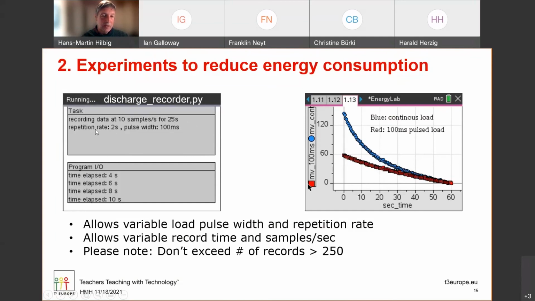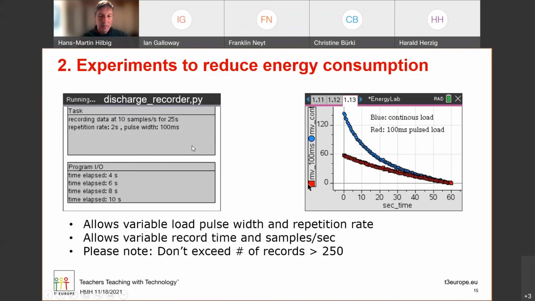And you can define a repetition rate. So is it every second, like the discharge example before, or is it every other second? So the repetition rate here is I have a 100 millisecond load pulse every 2 seconds.